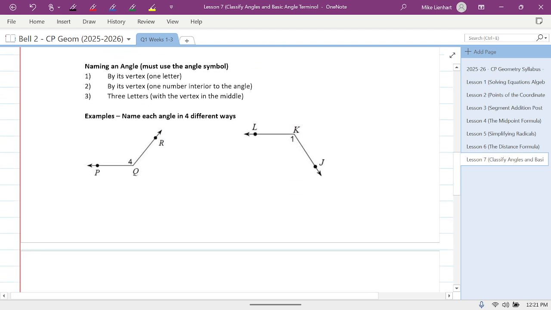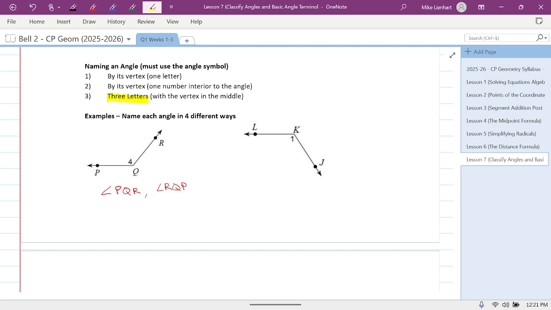So, how do I name an angle? I name an angle in one of three ways. Our default, our go-to, is always using 3 letters. But oftentimes I'm able to name, especially single angles, in different ways too. So I'm going to start by naming this first angle using 3 letters. I can call this angle, make sure you have the symbol, PQR, or I could call it angle RQP.